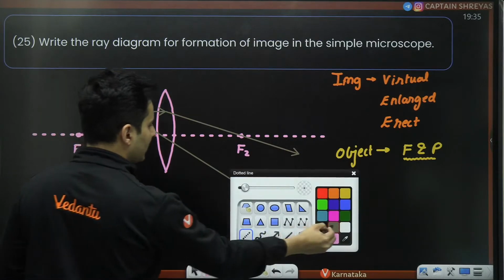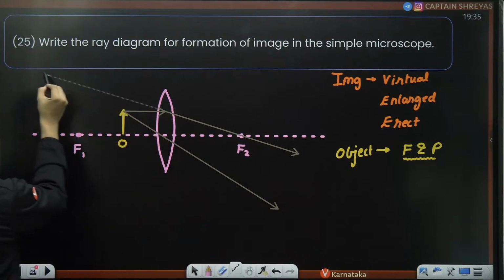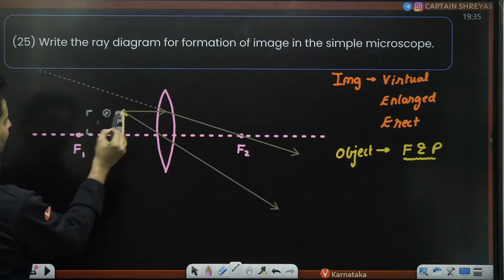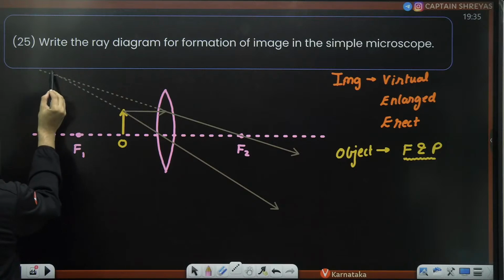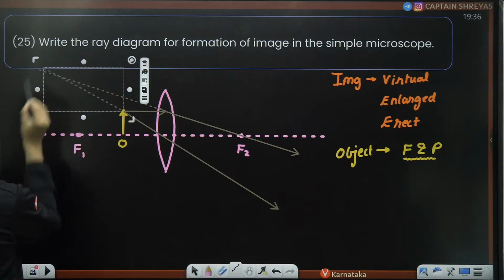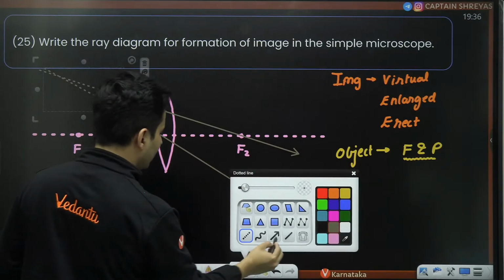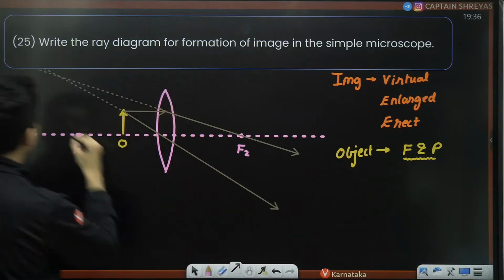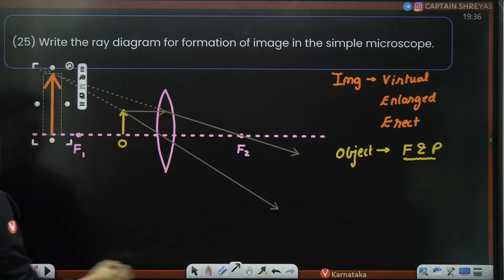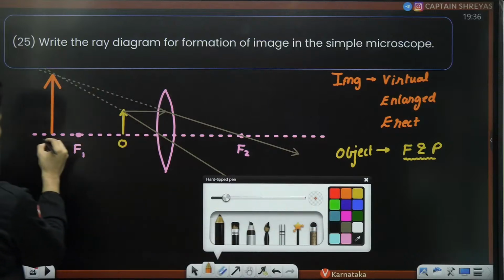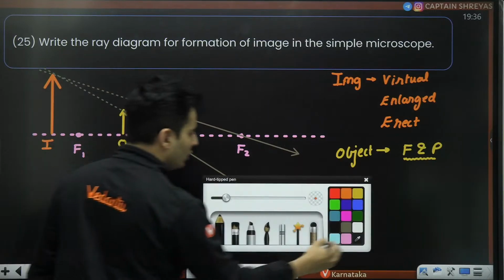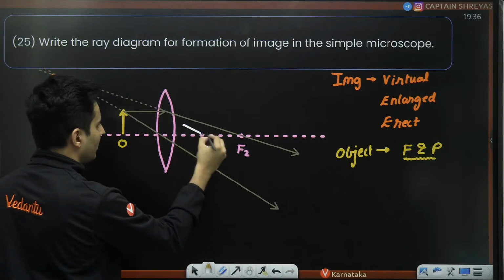So what I need to do is extend these lines in the backward direction, something like this, and they will intersect somewhere. Wherever they intersect, that is the exact location where the image will be formed. So this is the location where the image will be formed, and the human eye will be present over here.